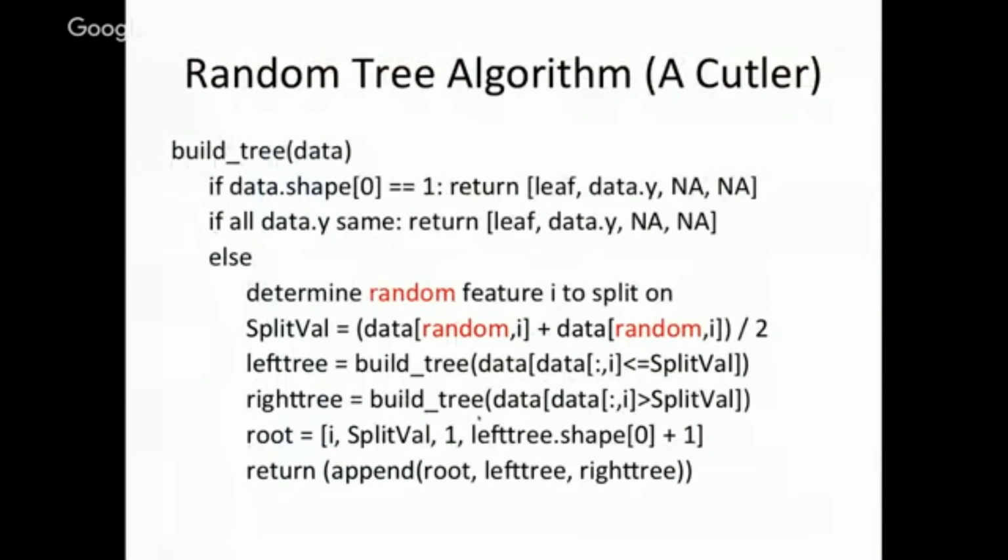This is an algorithm by Adele Cutler. She was a PhD student of Breiman, who was at UC Berkeley, and he took J.R. Quinlan's ideas of creating decision trees, but expanded the idea greatly with random trees and random forests.